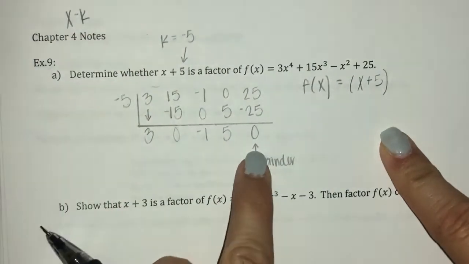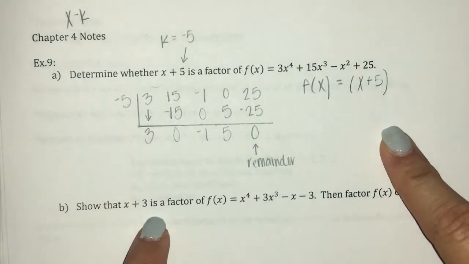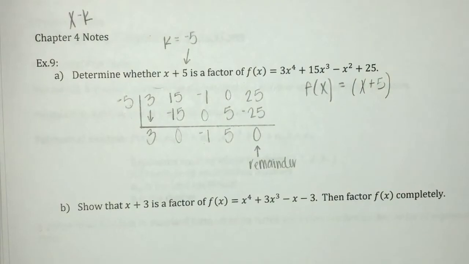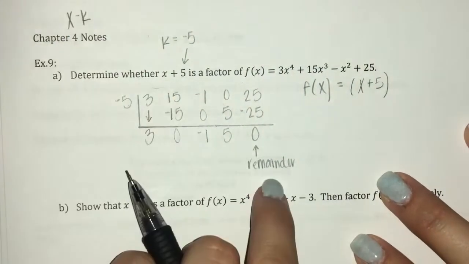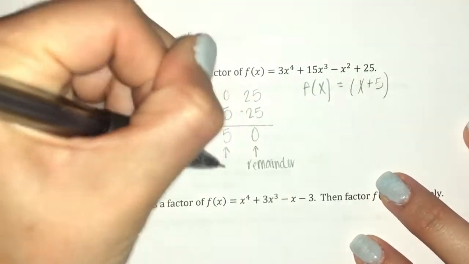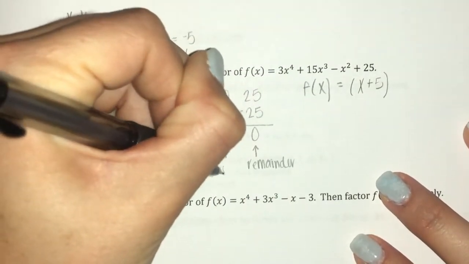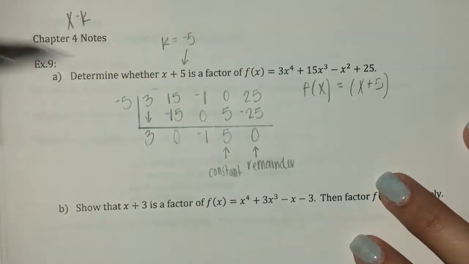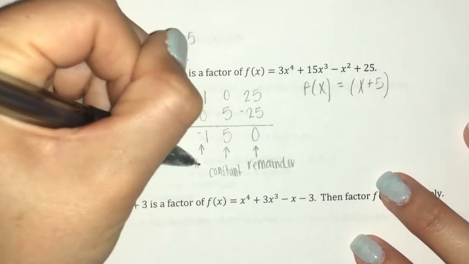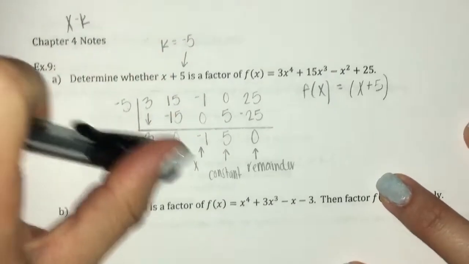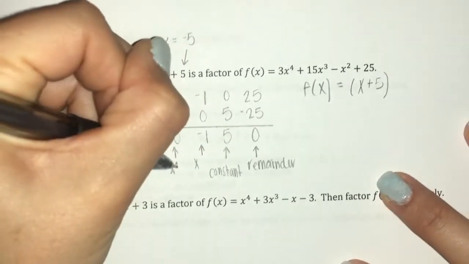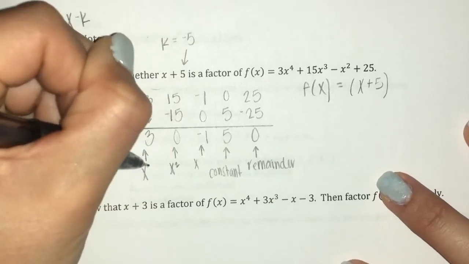And then the other factor is what's left after you divide, because factoring is basically dividing, we're factoring out that x plus 5. So 0 was the remainder, 5 is the constant, -1 is the coefficient of x, 0 would be the coefficient of x squared, and then 3 is the coefficient of x cubed.